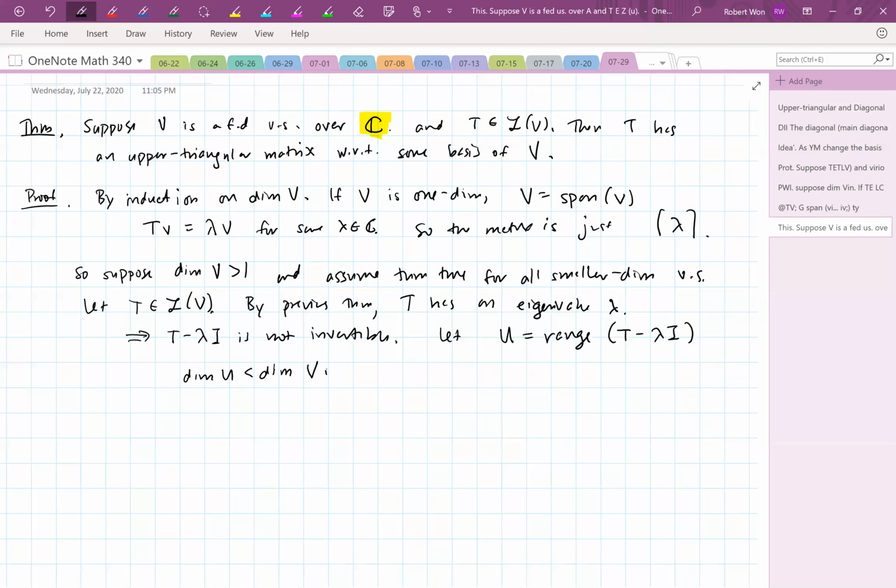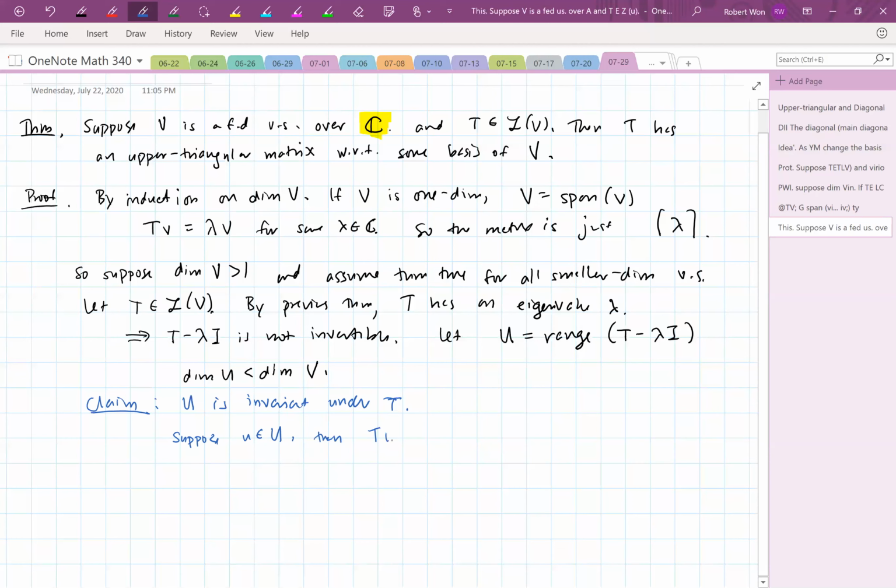Okay, so here's an important claim: U is invariant under T. Let's do all of this claim in blue. Suppose that u is in U. I want to show that Tu is in U, right? That's what it means for U to be invariant.